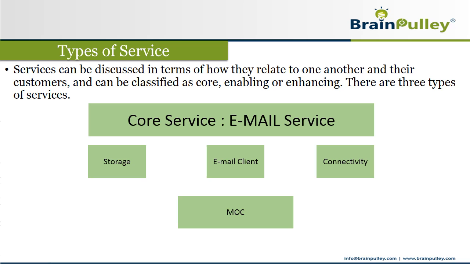In this example, storage, email client, and connectivity are factors which make your email service available. Storage, email client, and connectivity contribute together to form your email services, and hence they are known as enabling services. In layman's terms, enabling services can be described as services which help you deliver the core service.